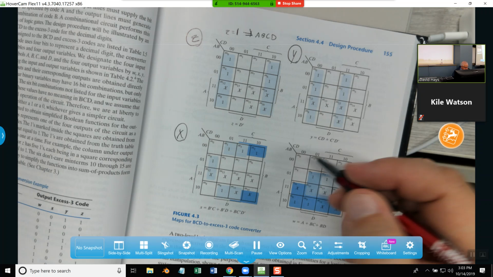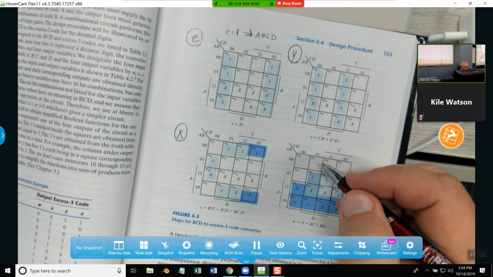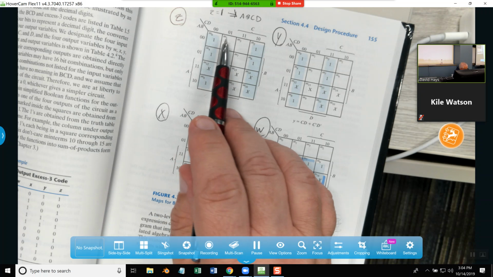This one, I group these 4 together and these 4 together. This one comes straight over here. All that disappears.